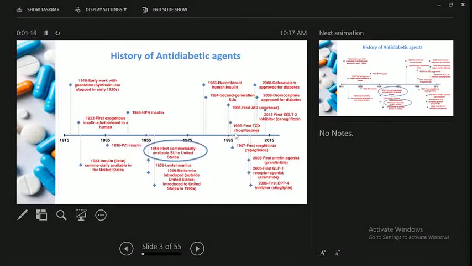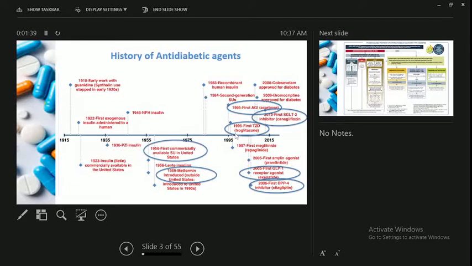Out of all the oral hypoglycemic medications, sulfonylurea was the first commercially available, back in 1956, followed by metformin. After that, there have been so many other anti-diabetic agents like acarbose, thiazolidinediones, GLP-1 receptor agonists, DPP-4 inhibitors like sitagliptin, and the newest ones like SGLT2 inhibitors.